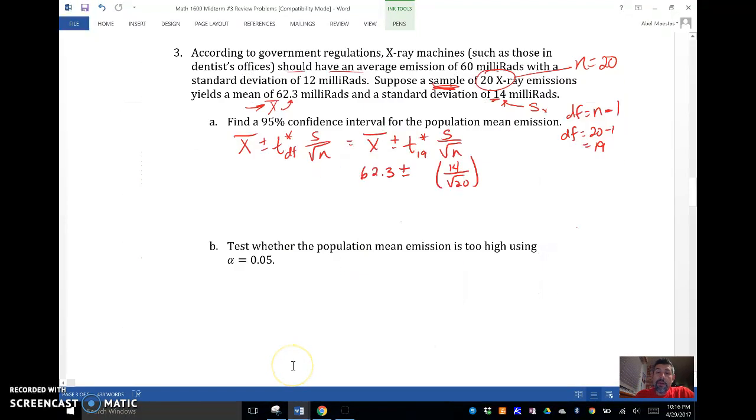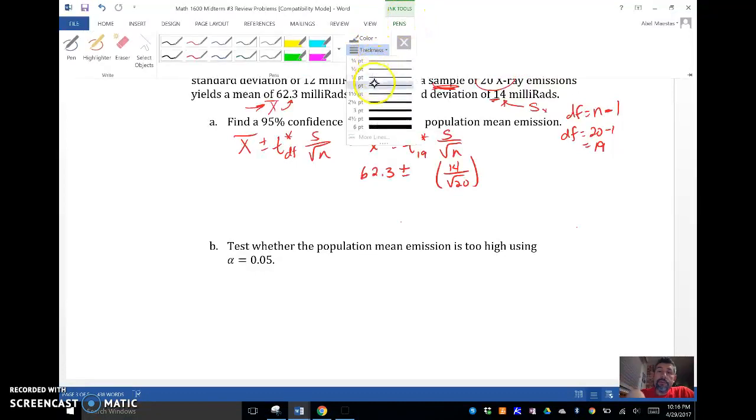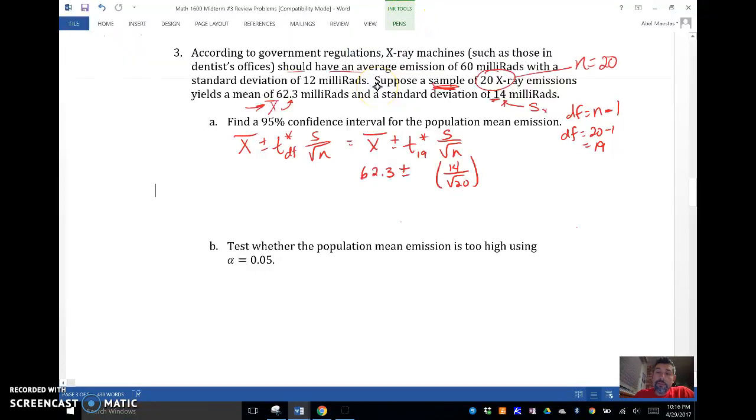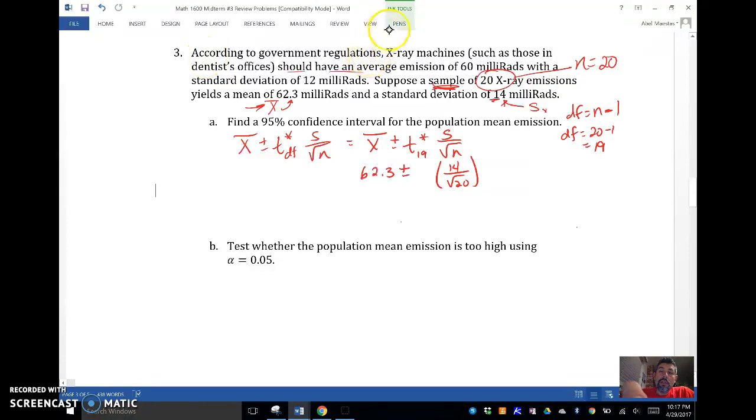So we'll go back here, and we have 2.093. Word is not the best thing to write this in, but I wanted to give you a copy.